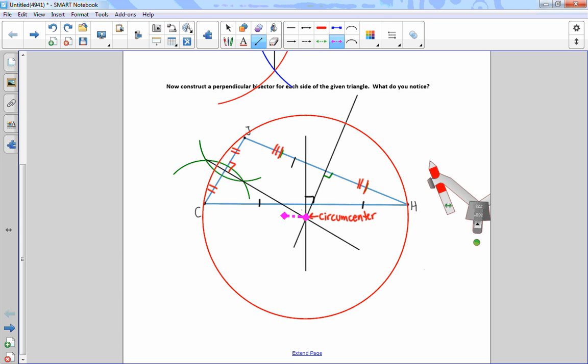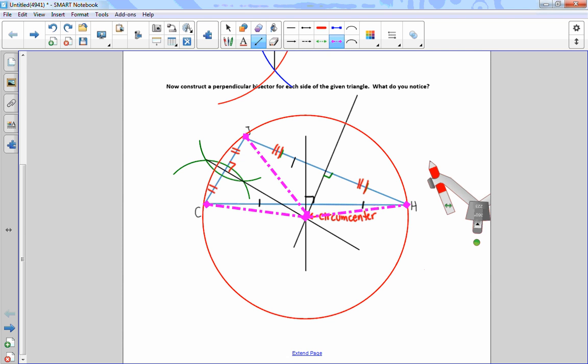From our circumcenter out to C, what is that called? Radius. From our circumcenter out to J, what is that called? From our circumcenter out to H, what is that called? A radius.